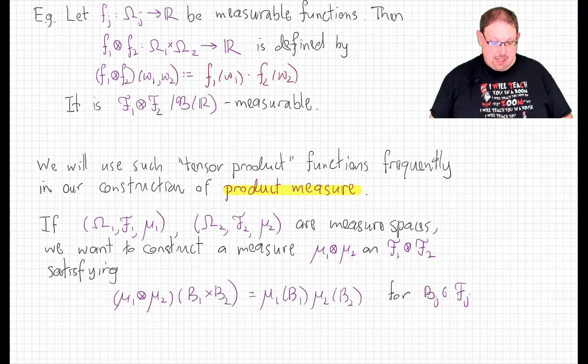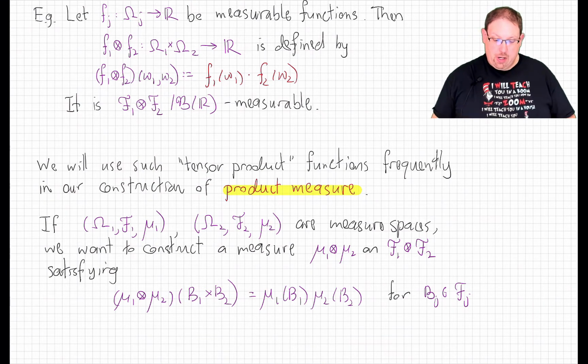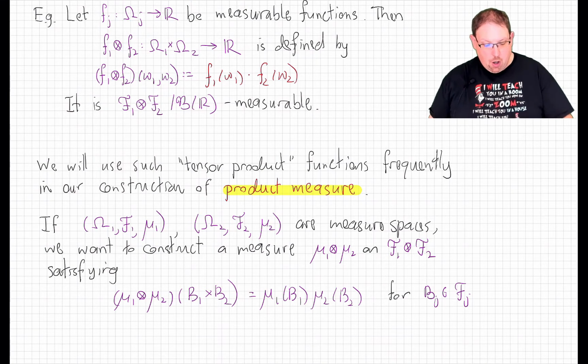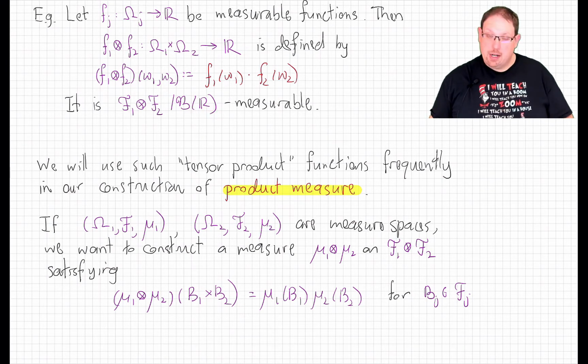We'll use these tensor product functions to great effect in the coming theorem for this lecture. But what I want to point out right now is that all such tensor product functions are measurable with respect to the product sigma field in the domain and the Borel sigma field in the range.